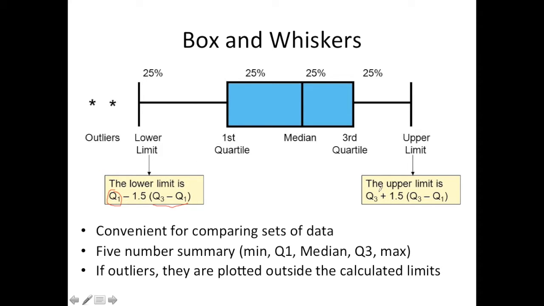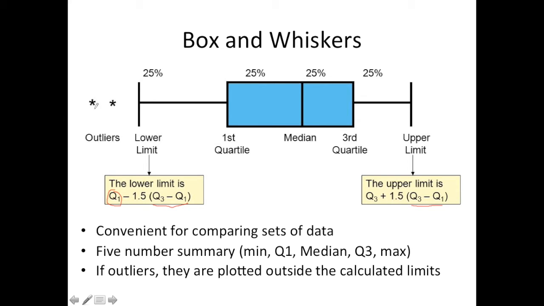If I add to Q3 my 1.5 times the interquartile range, that would give me the upper limit. In other words, any value bigger than that upper limit is considered an outlier. Any number smaller than that lower limit is considered an outlier.